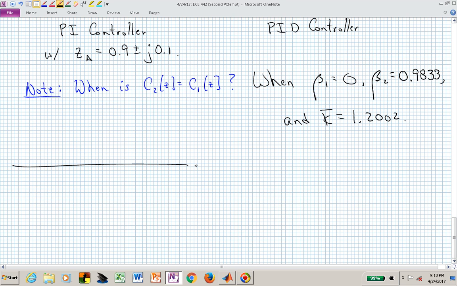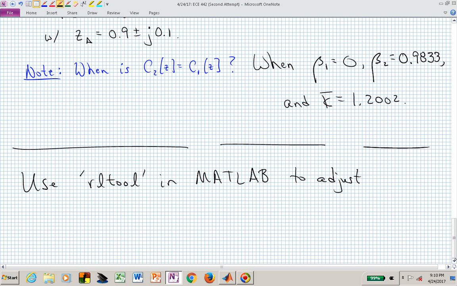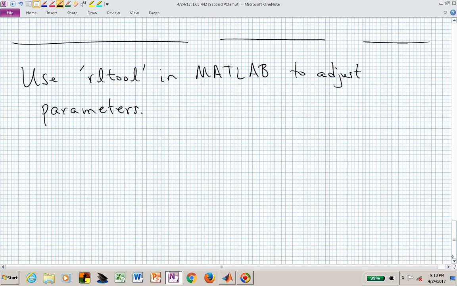To do that, let's go ahead and use Matlab, and in particular I want to look at rltool, which is a function in Matlab, and we'll use that to show how to more effectively adjust the parameters in the PID controller to produce a more acceptable closed loop set of values.